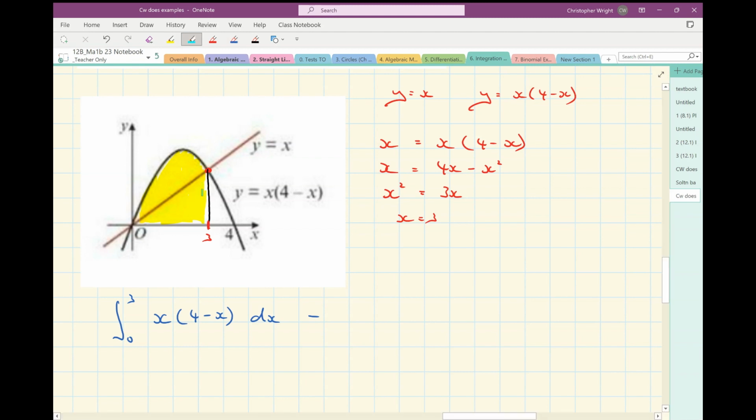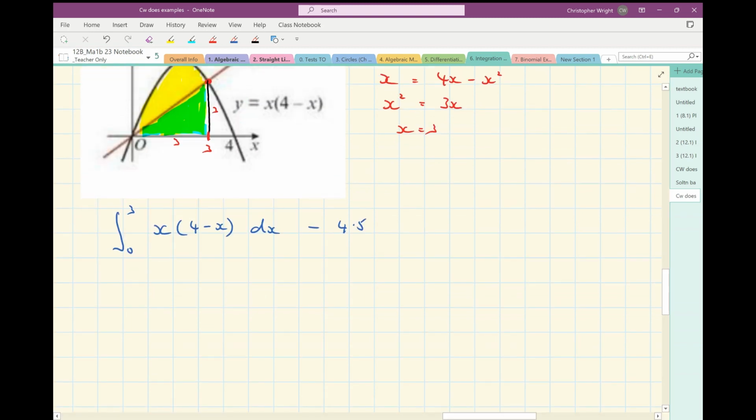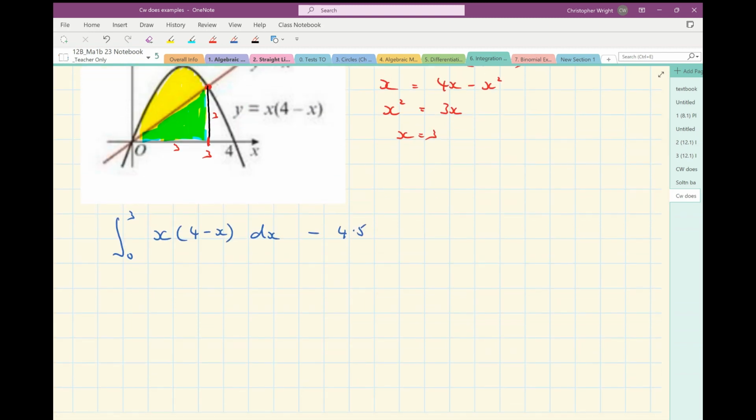Now, what's that green area going to be? Well, I know it has a base of 3, and I know that this is the line y equals x, so that height must be 3 as well. So the area of that green triangle is 3 times 3 divided by 2, 4.5. So that is an expression for this area that I'm being asked to find: the whole of the yellow area, subtract that green triangle.